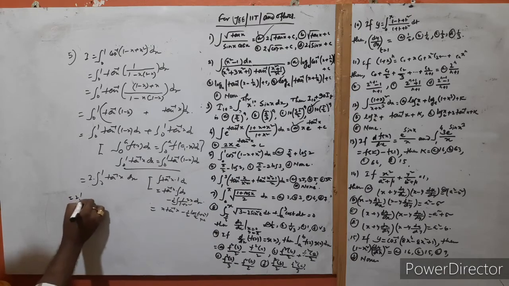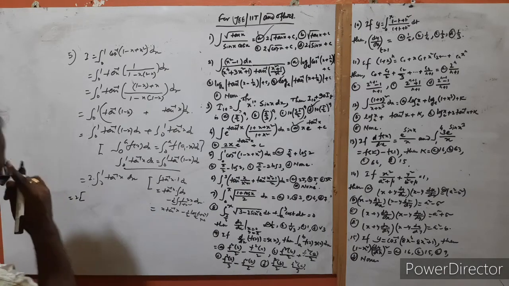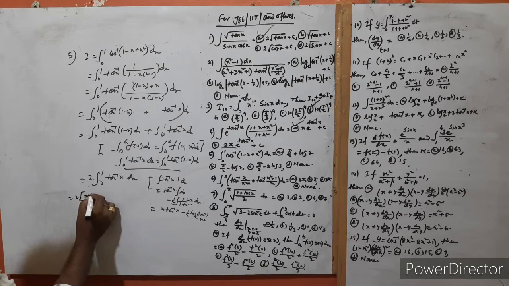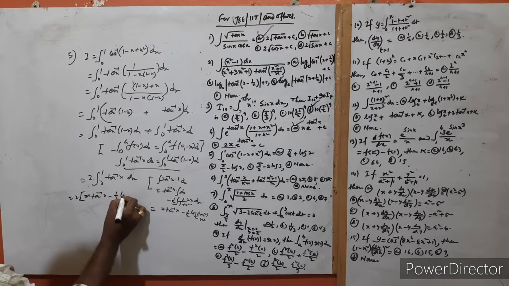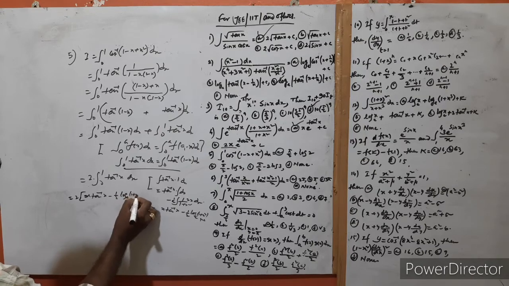So you can easily substitute the limits in the definite integral: x into tan inverse x minus half log of 1 plus x square, from 0 to 1.